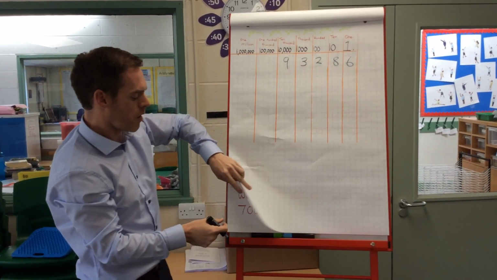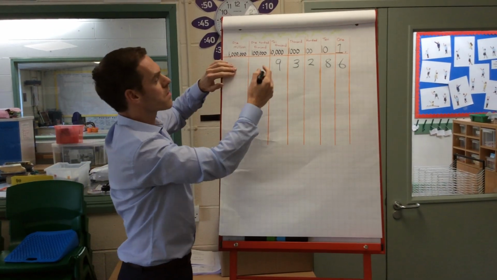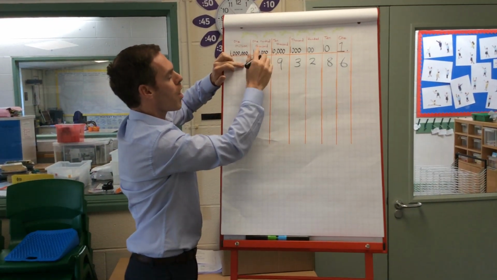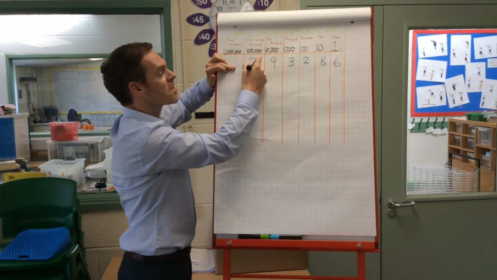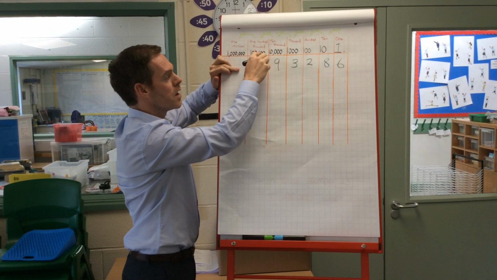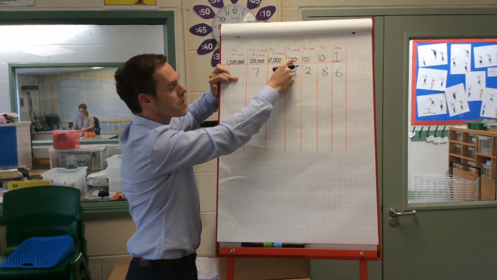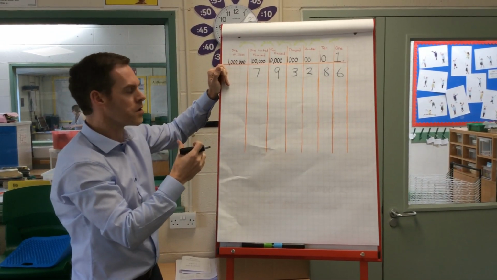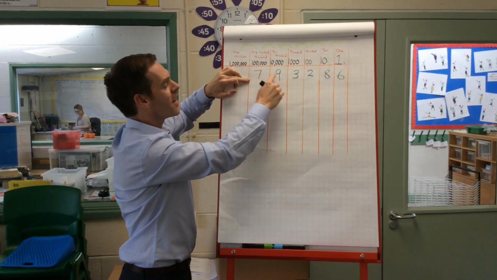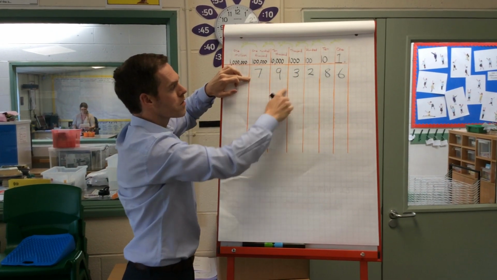Of course, that's not the end of my number, because I've got a 7 beside the 9. So my 7 is going to go in the next column along, which is the 100,000 column. And I've got 7 of them, remember. So I've got 700,000. But I've also got 9 10,000s, and I've also got 3,000s. I'm going to group all my thousands together and say them all at once. 793,000. So I've grouped all my thousands together.